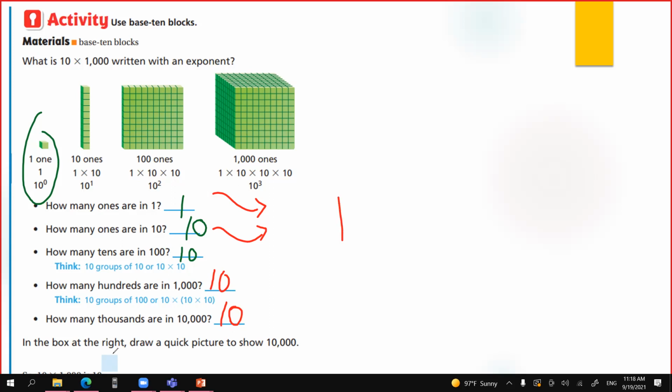So here, 10 times 10,000. I will solve the one that's written here, but it's not appearing. 10 times 10,000 is 1, 2. How many zeros do we have? Let's multiply them together: 1, 2, 3, 4, 5.